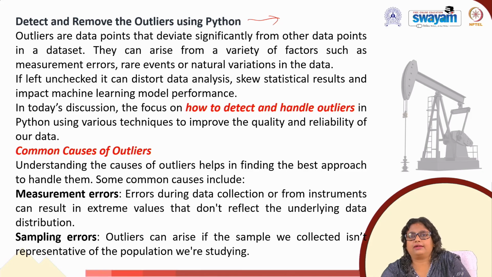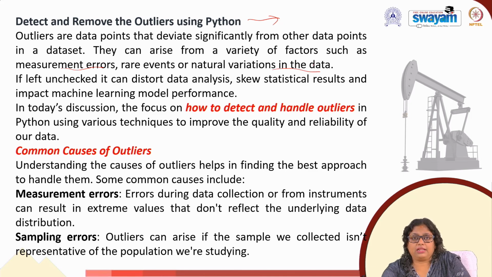Outliers are data points that deviate significantly from the other data points in a data set. They can arise from a variety of factors, such as measurement error, or natural deviation in the data.